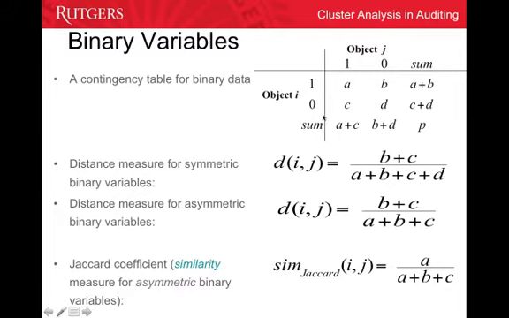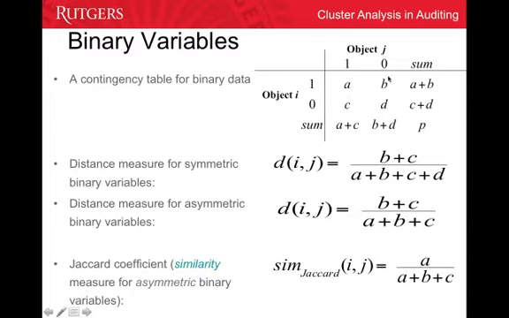This table shows that if one attribute in object j equals 1, and it also equals 1 in object i, then it will fall into this situation. And then we calculate how many attributes are in this situation. For example, there are a attributes in this situation.